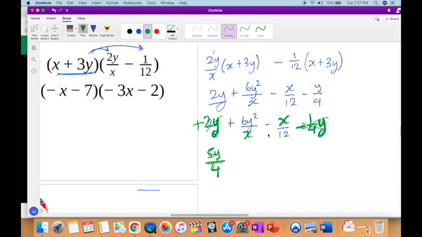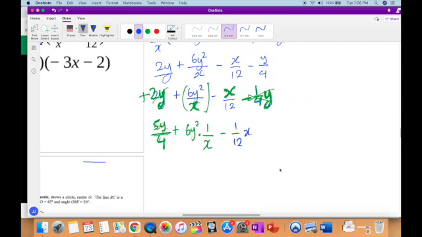So can I do the same thing with these x's? Is this x the same as this x? The answer is no, they are not the same x. Because if you really think about it, what is this? This is 6y squared multiplied by 1 over x, and minus x on 12, or we could actually write the x on 12 as 1 over 12 times x.